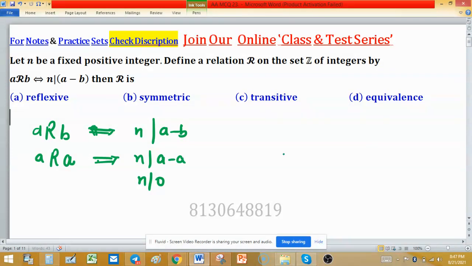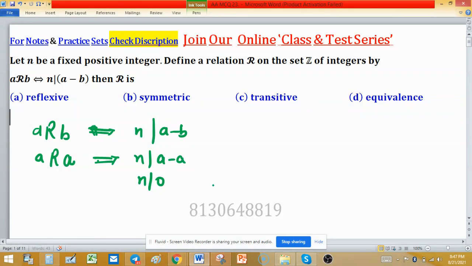Here n is positive, so it is understood that n may not be 0, and it is clearly written that n cannot be negative also.